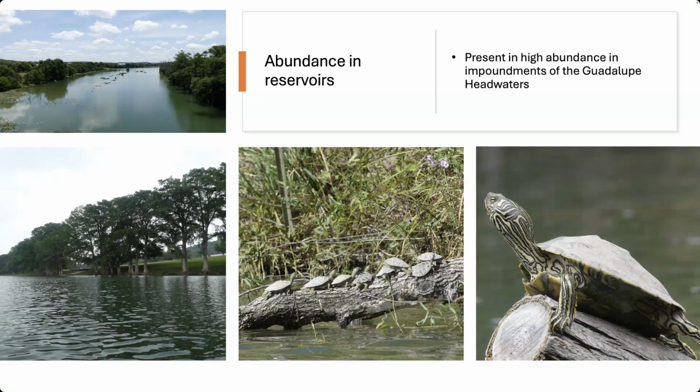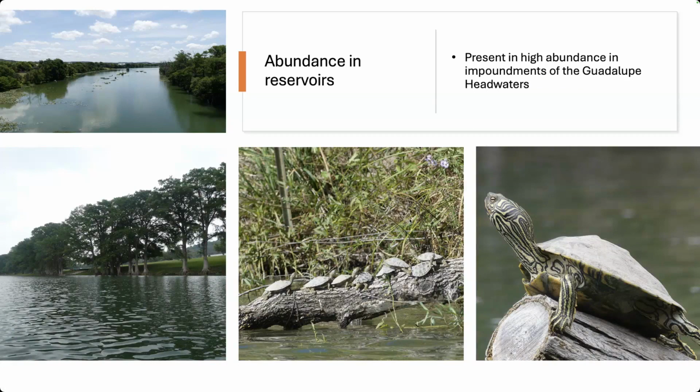And also the high abundance in the headwaters region, where we see the actual highest abundances of Cagle's map turtles across their entire distribution. What's causing this? I mean, it could be that these types of reservoirs here tended to be more oligotrophic, were likely less polluted. They had lower effluents and cumulative loads because they're here by the spring headwaters.